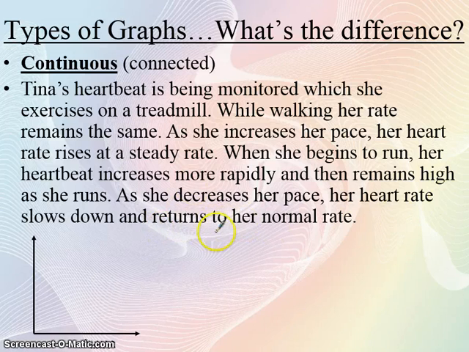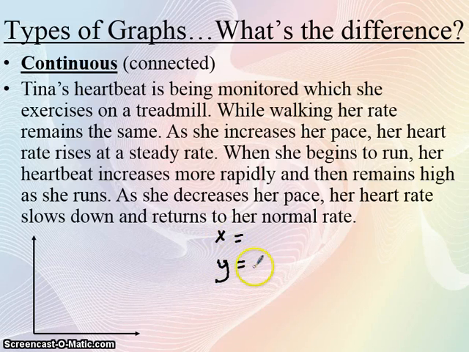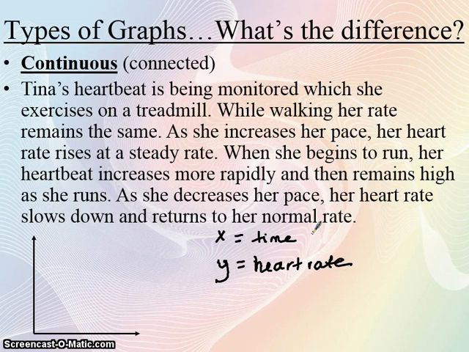So as we think about our independent and dependent variables, we're saying that her heart rate depends on the time that she's been exercising. Now, if you think about it, heart rate is always occurring. Whether she's exercising or whether it's being monitored, it is a constant occurrence.